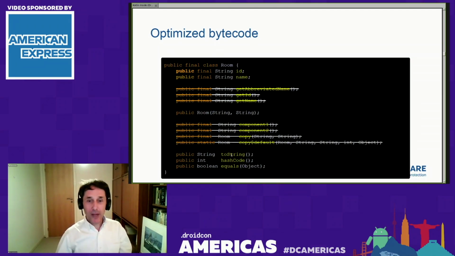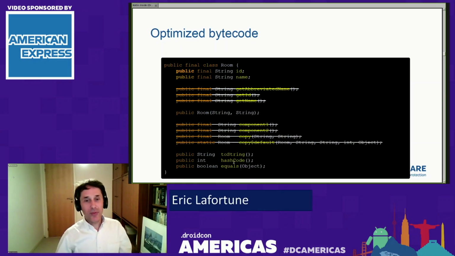Finally, there are these toString, hashcode, and equals methods. They are still present in the processed bytecode. And this is a bit unfortunate, perhaps, but this is a very difficult problem. These are methods that override the corresponding methods in the object class. And for an optimizer, it's very difficult to analyze and ensure that these methods aren't used at runtime.